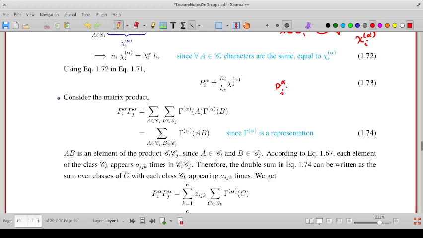P alpha I is the sum over A in Ci of gamma alpha A, and P alpha J is the sum over B in Cj of gamma alpha B. Taking this product, we get the sum over A in Ci, B in Cj, of gamma alpha A times gamma alpha B. But these are representation matrices, gamma alpha, and therefore this should be equal to gamma alpha AB.